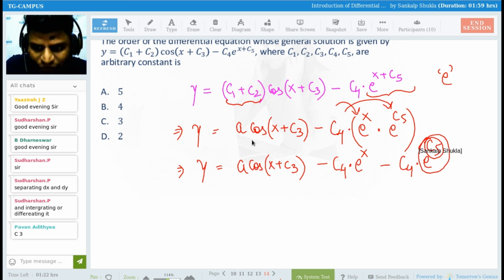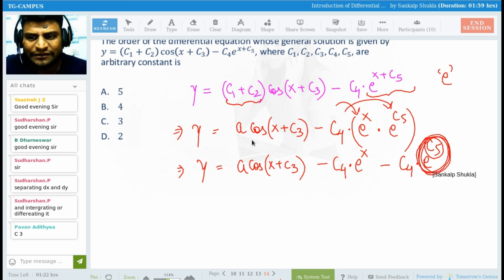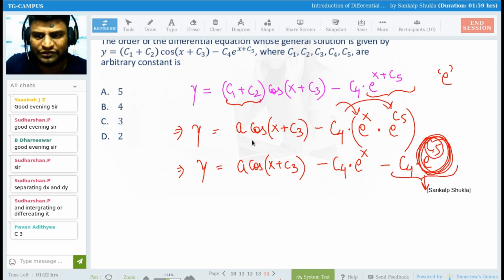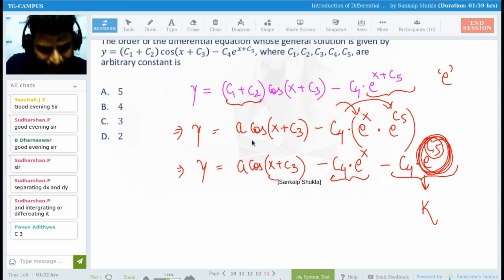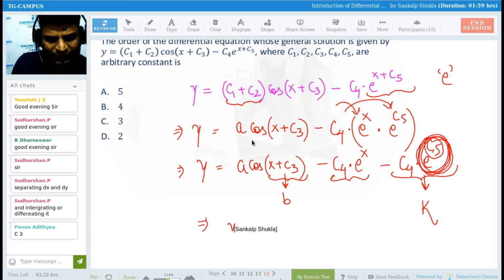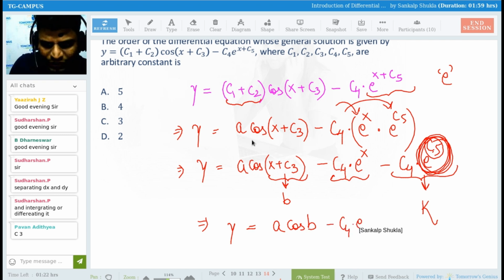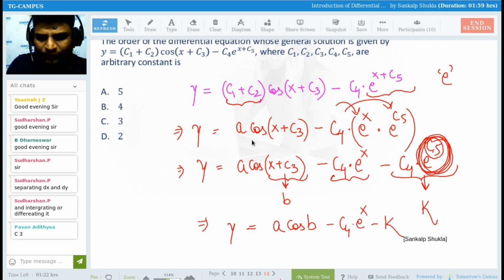So this entire thing will be a constant, and it is again multiplied with a constant, so this entire thing is a constant. I can call it K. This is my variable part because x is there, so I can't touch it. So the final is y is equal to A cos x plus B minus C4 e raised to the power x minus K.